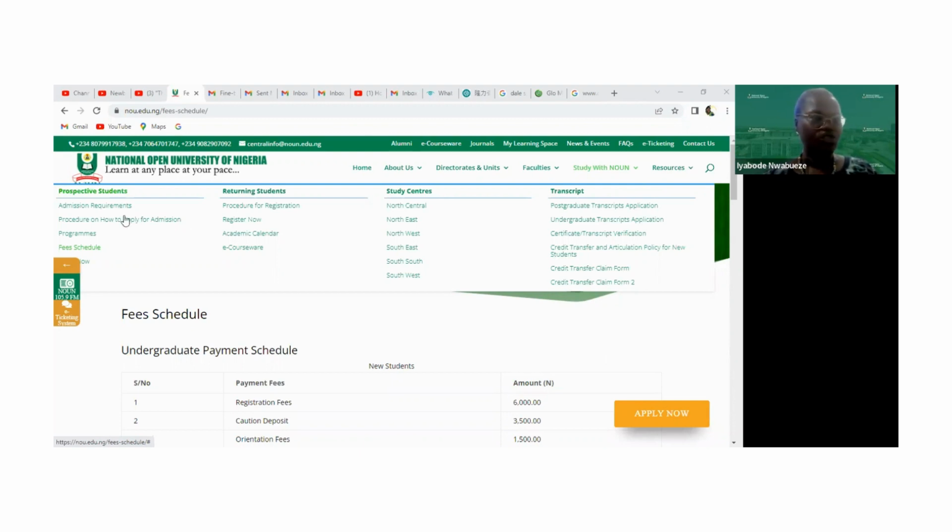Now on the extreme left end, you see where it says fee schedule. This is also available on the home page of the university. I don't want to have a challenge of network, so I don't want to go back to it. On the left-hand corner at the top, they say prospective students, then you see admission requirements, procedure on how to apply.